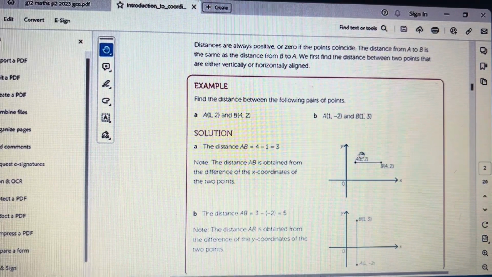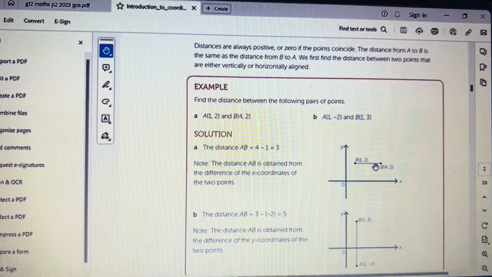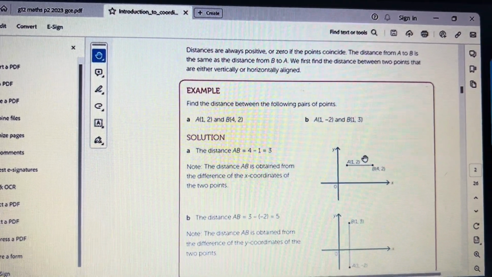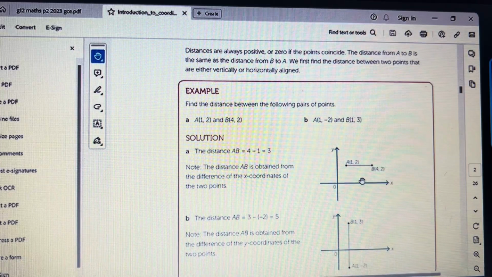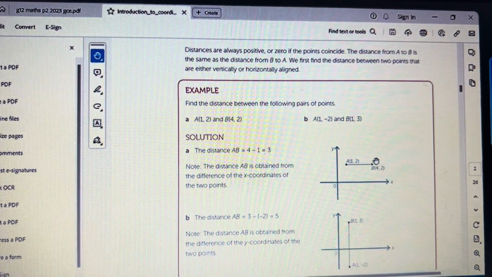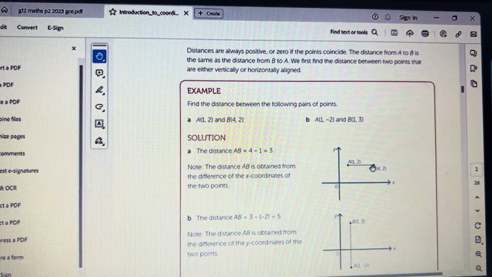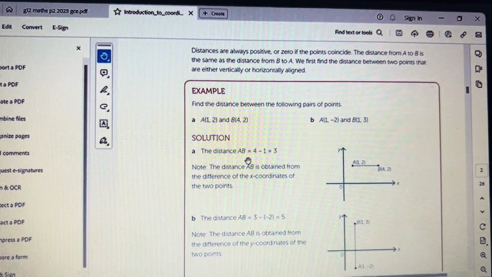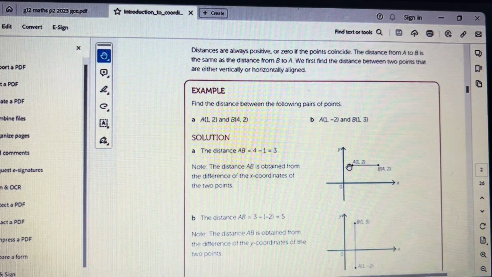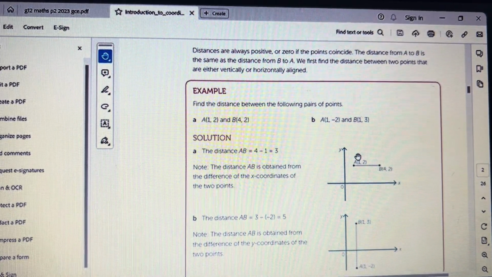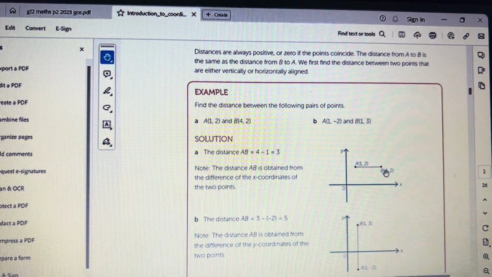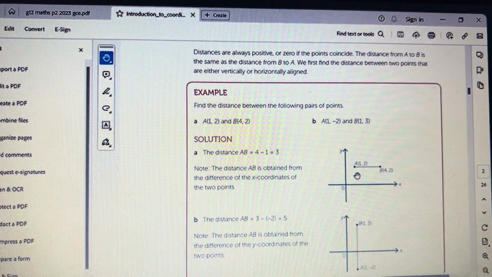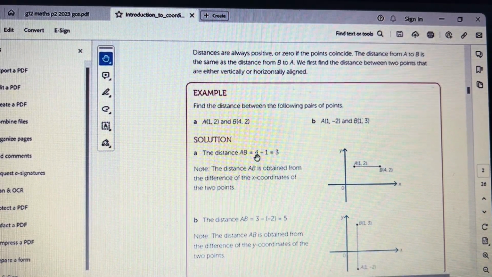For a situation like this, since the only thing that's changing is the position in the x direction, you just subtract the two x numbers, so to say. As we can see here, since we're coming from A, we're going to B. You begin with the number that represents the point where you're going, or the bigger number in this case.